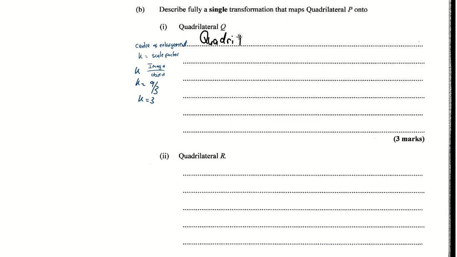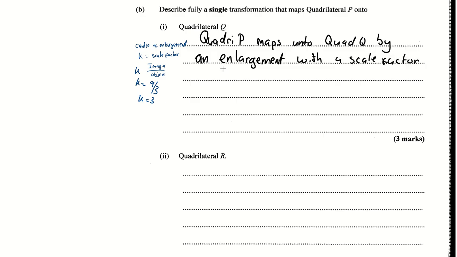That quadrilateral P maps onto quad Q by an enlargement with a scale factor of 3 and a center of enlargement of (-10, 7).